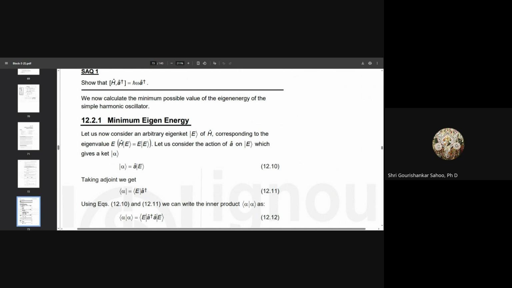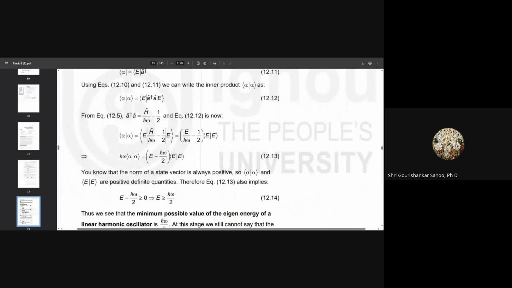So the inner product <alpha|alpha> can be written as <E| A cap dagger A cap |E>. So A cap dagger A cap can be written as H cap by h cross omega minus half, and so you can write <alpha|alpha> is equal to (E minus h cross omega by 2) <E|E>, the inner product of the energy eigenfunction.